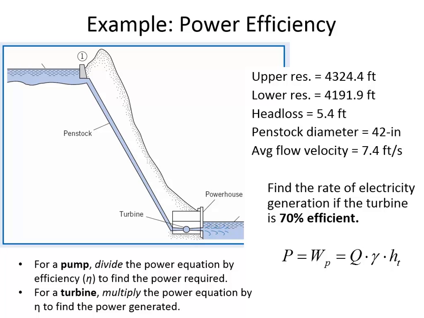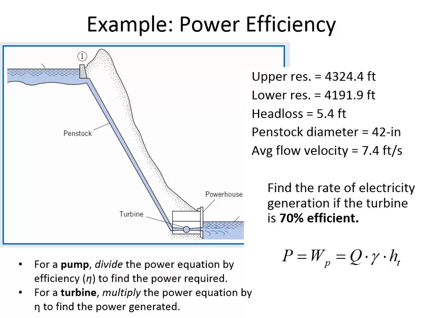So should we divide that by 0.7 to get our final answer, or multiply? Multiply, of course, because you get less power than if it was 100% efficient. So if we divided this by 0.7, then that would say that we actually got more power. But we know that you get less power since it's not 100% efficient.